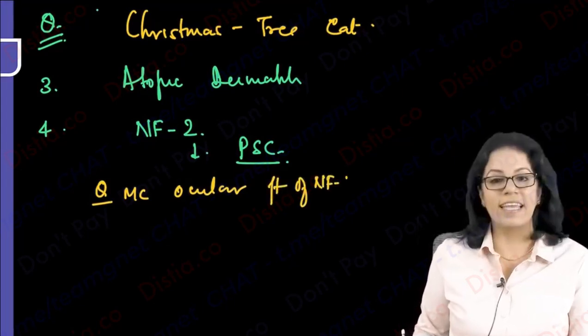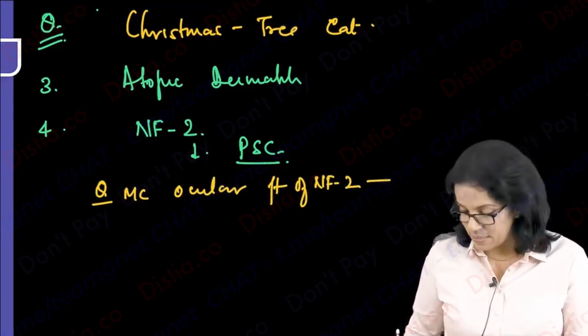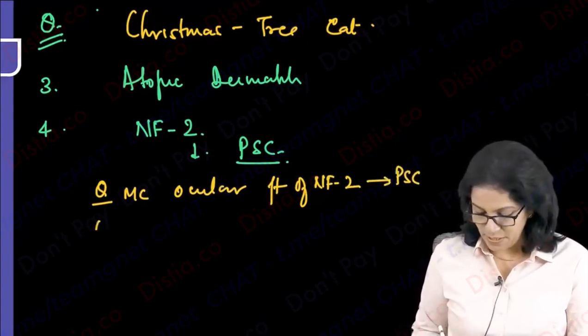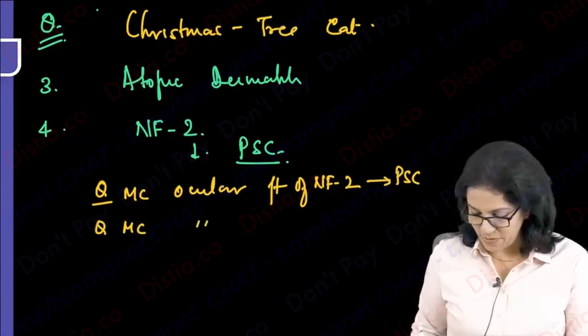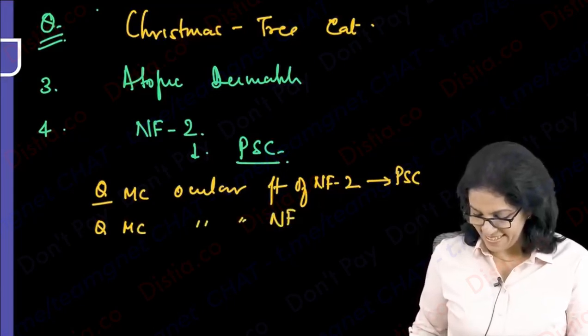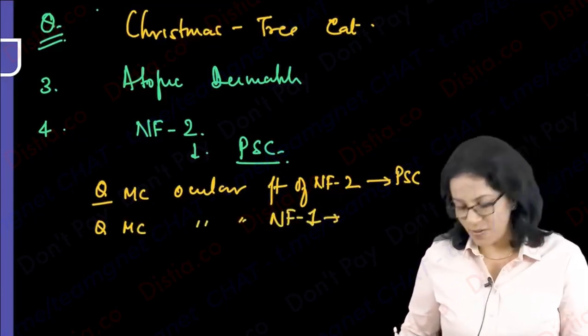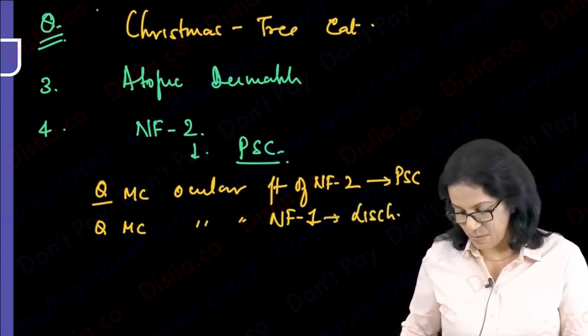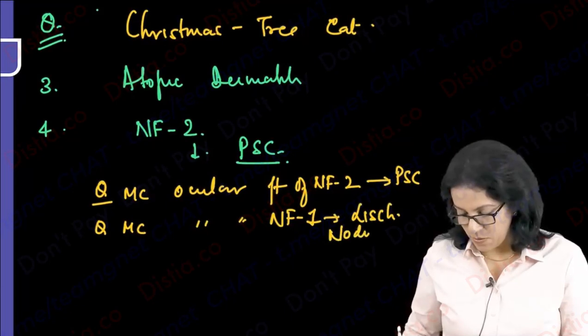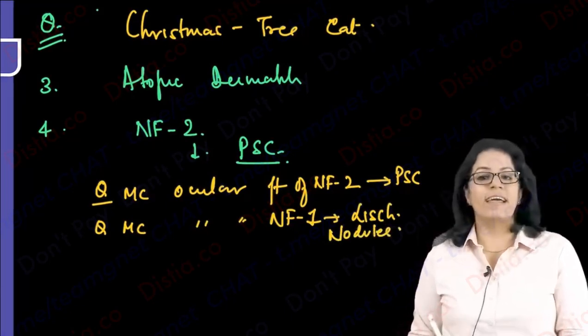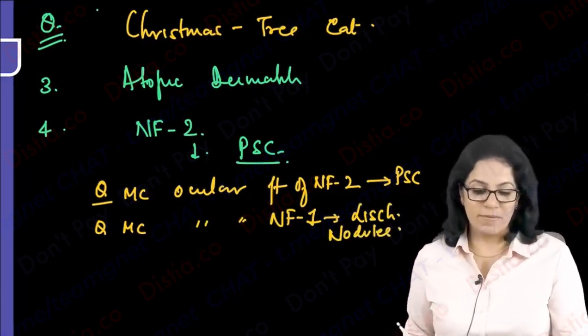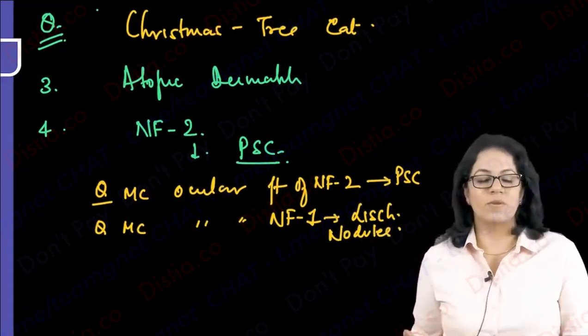I'm going to take this again in the orbit chapter. This is PSC. And what is the most common ocular feature of NF1? I think we all can think of Lisch nodules, right? These are hyperpigmented nodules, hyperchromic on the iris. So Lisch nodules, so just know these questions.